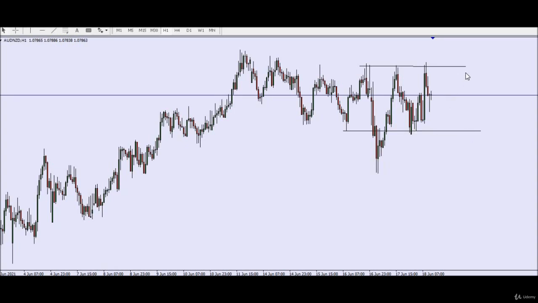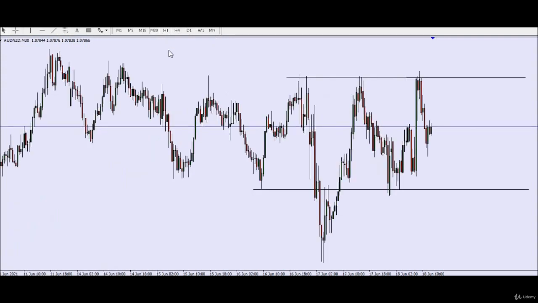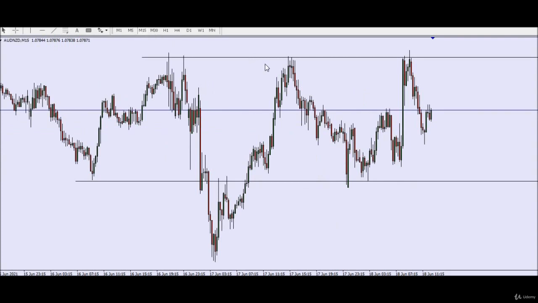So it's just for us to know where we should be careful. So minute 30, 15 minutes. Okay, so these are the lower time frames.